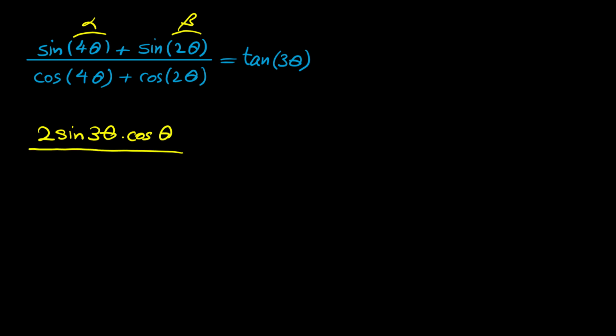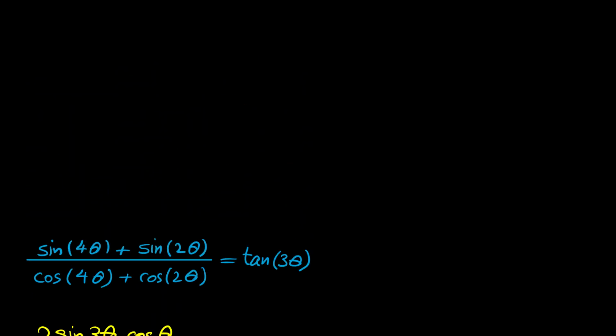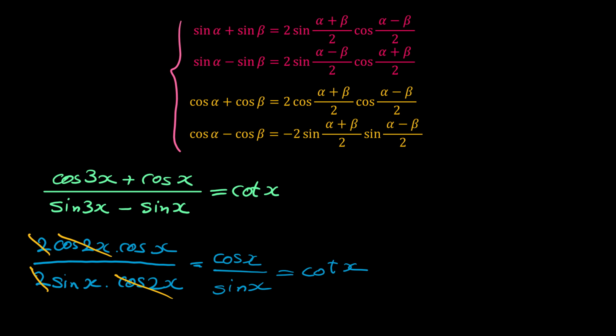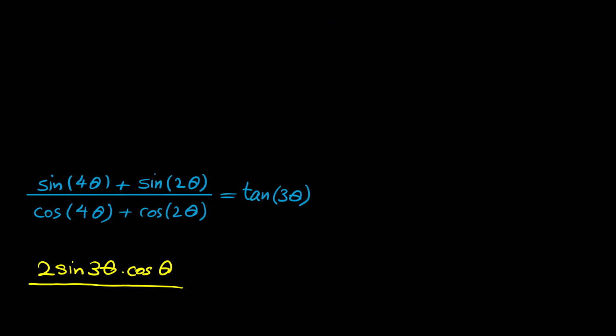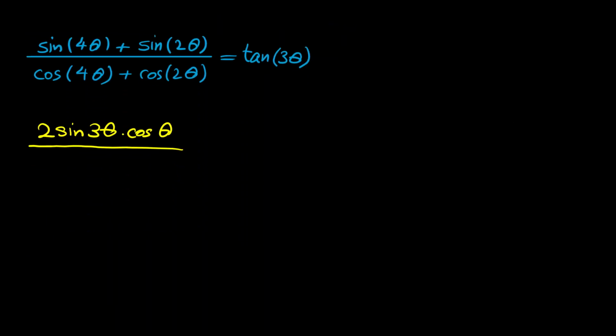This is for the numerator. For the denominator, we have to use the formula cosine of alpha plus cosine of beta. Based on the formula that we have here, cosine of alpha plus cosine of beta is 2 cosine of the sum of the angles over 2 cosine of the difference of the angles over 2. So we have 2 cosine of the sum of the angles. 4 theta plus 2 theta is 6 theta divided by 2 would be 3 theta.